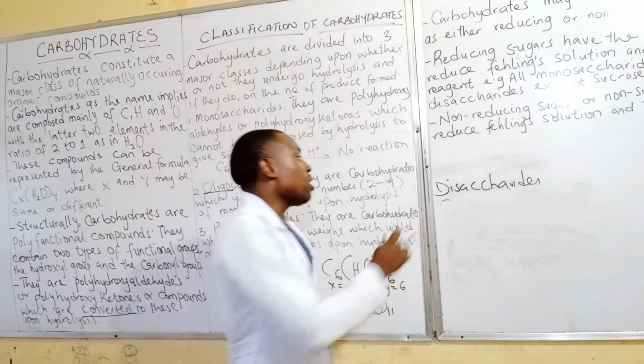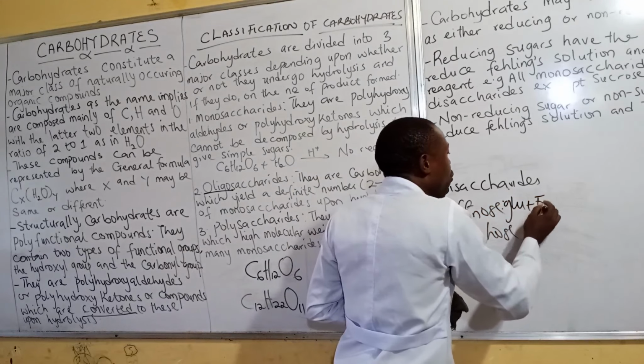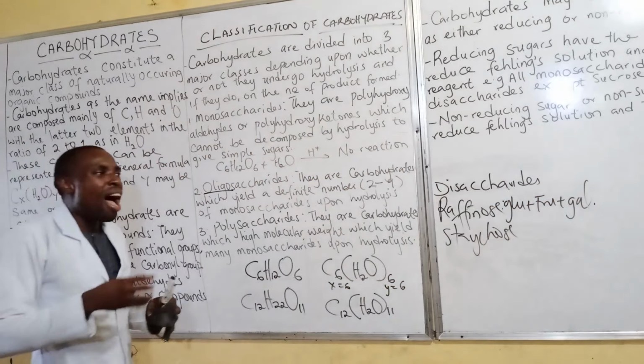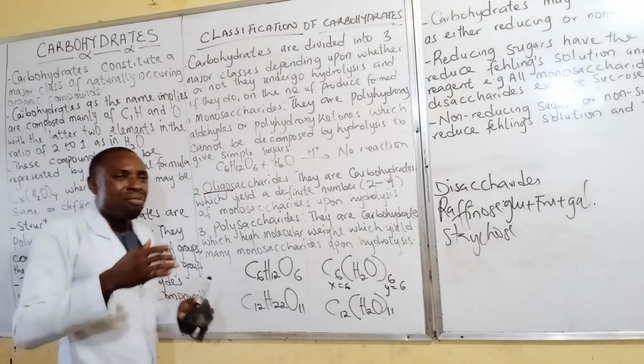In the case of raffinose, we have glucose, fructose, and galactose. All these are monosaccharides. We can also have pentasaccharides, up to the 9 monomeric sugars that formed it.